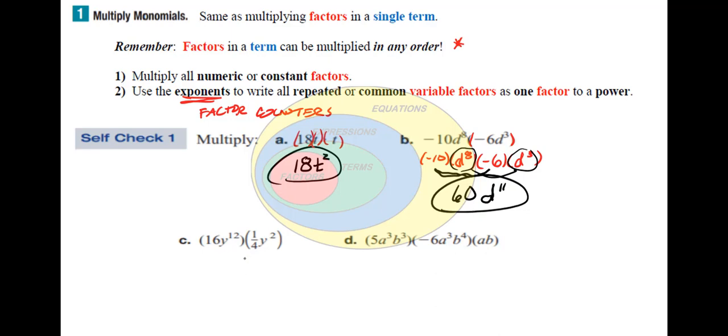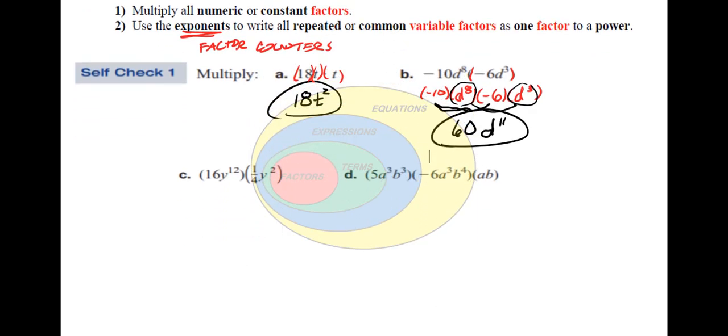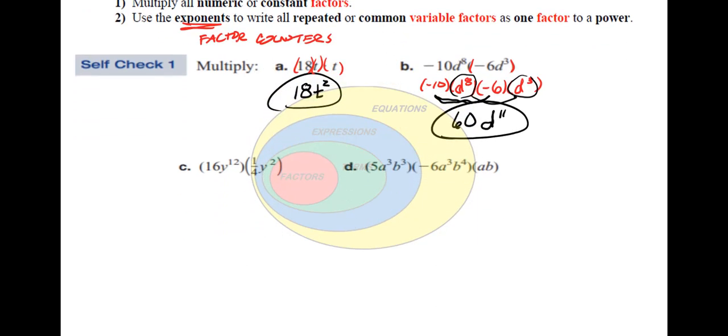So we're using those powers to basically count up all the factors. All right, so the next one in C, what are our constant factors? And we can identify them. Again, this is all multiplication. Even though we have parentheses, there's only one term inside the parentheses, so there's no distribution. It's just individual factors. So I have a 16 times a 1/4.